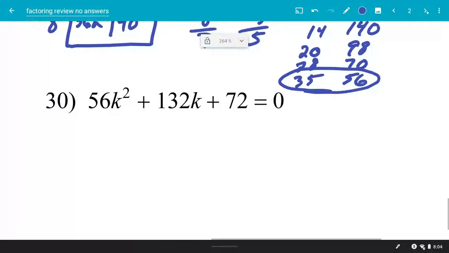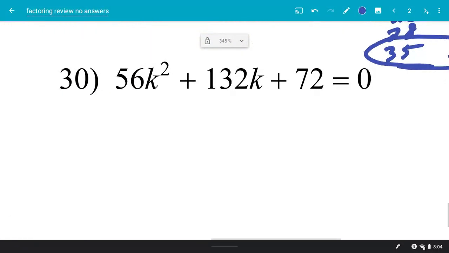One more. Last one. Number 30. Now, I know 2 goes into that. Does 8? 8 goes into 72 and 56. Does not go into 132. So 4 goes into both of them. 132 divided by 4. So yeah, I can pull out a 4.